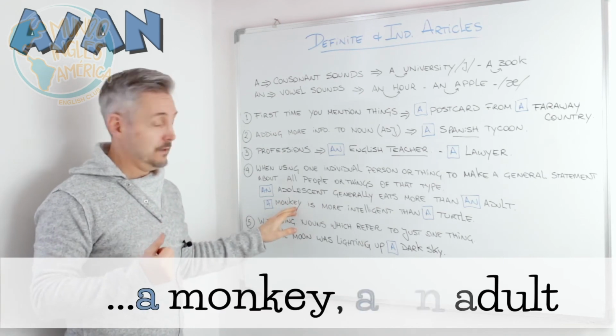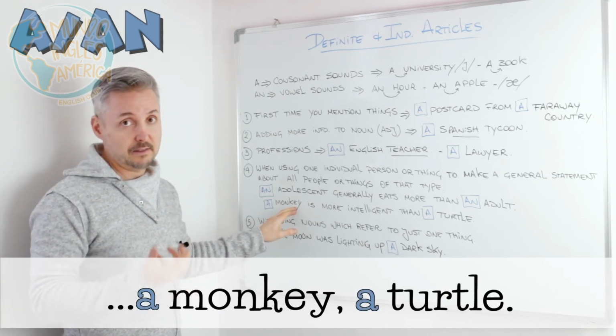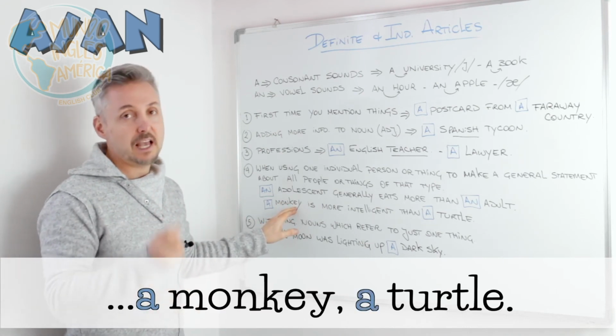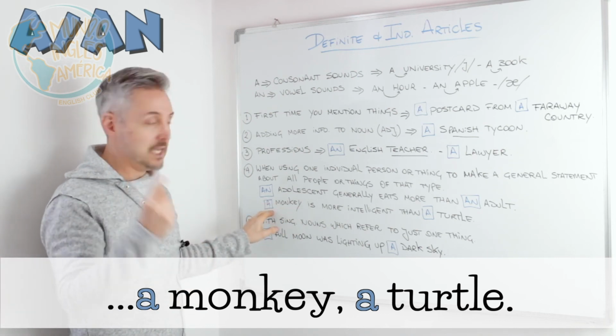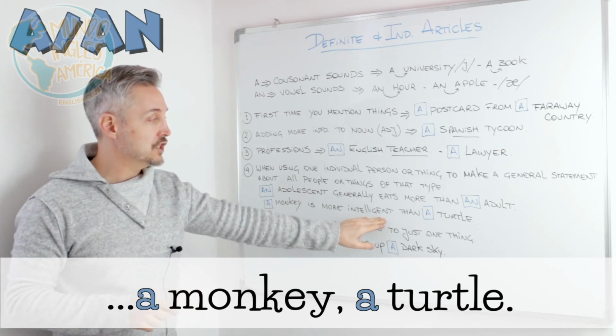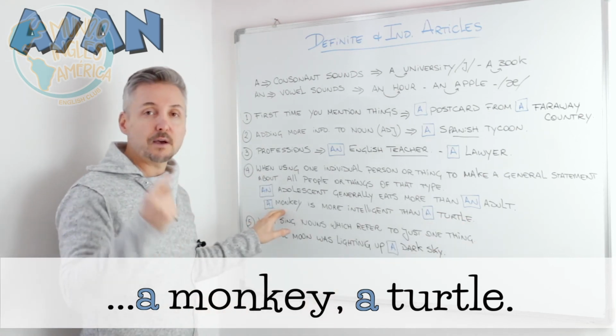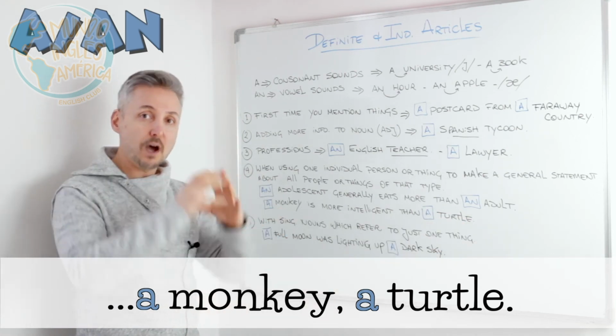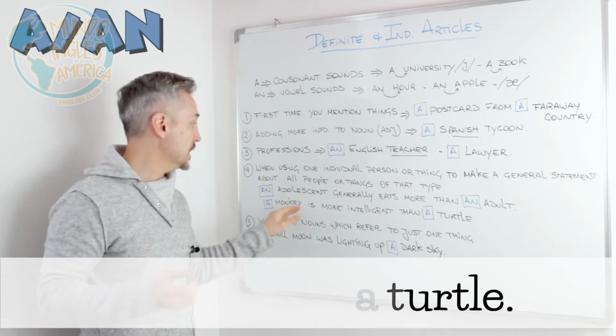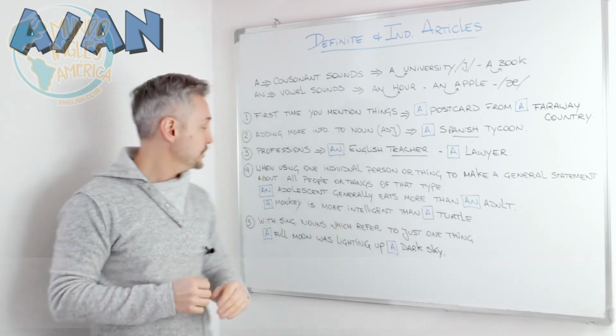A monkey, in this case we have the animals, monkeys, and I specify a monkey is more intelligent than a turtle. I specify one, but I refer to the group of monkeys and turtles.